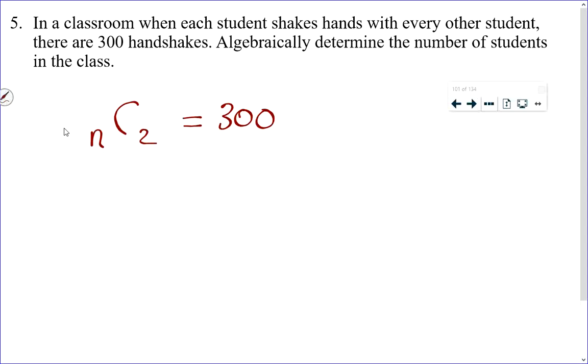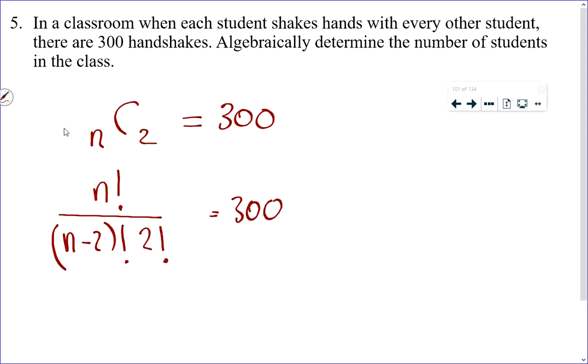Well, n choose 2 is n factorial over n minus 2 factorial, 2 factorial. How are you going to tackle that? What can we do here to clean this up? Jay?